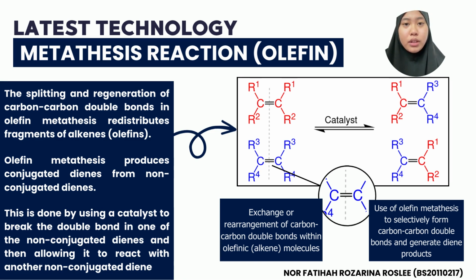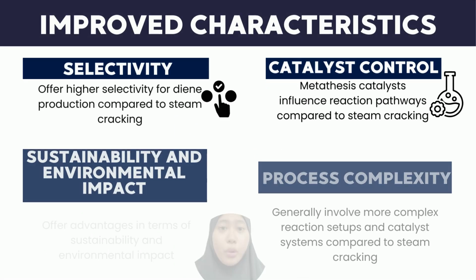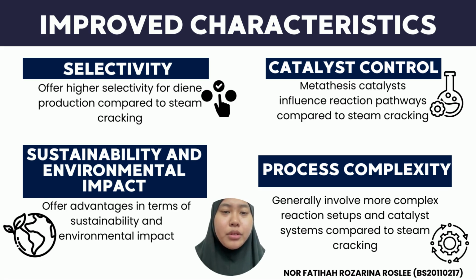As you can see on the left-hand side, it is the illustration of the reaction for olefin metathesis. Olefin metathesis is used to produce desirable diene products by exchanging the carbon-carbon double bond within the molecules.